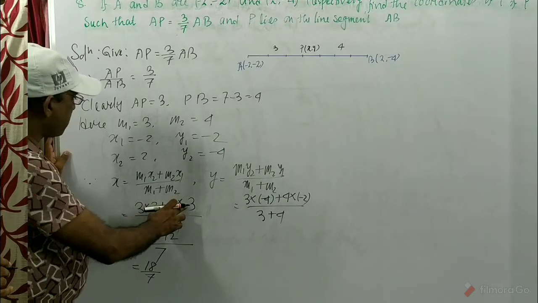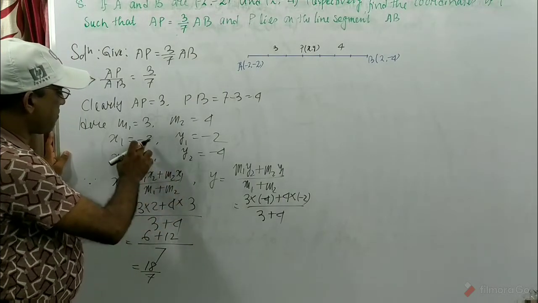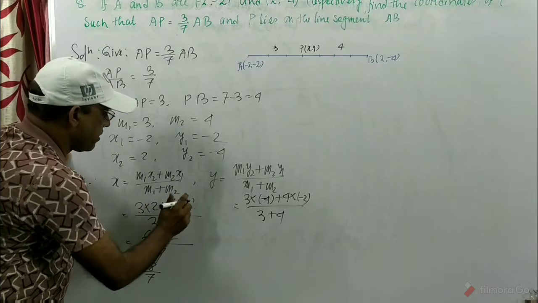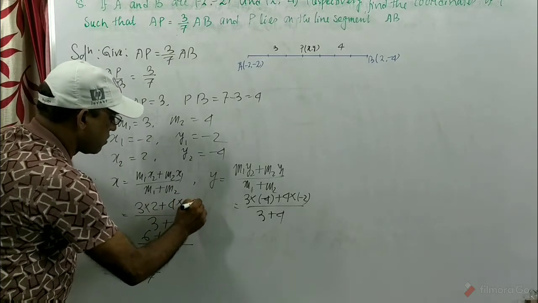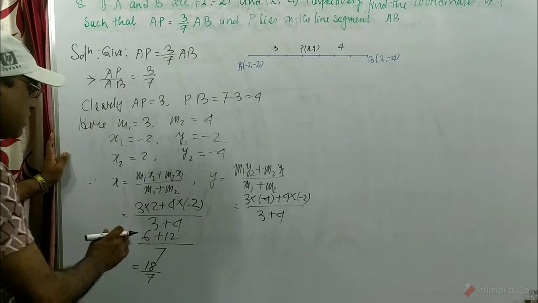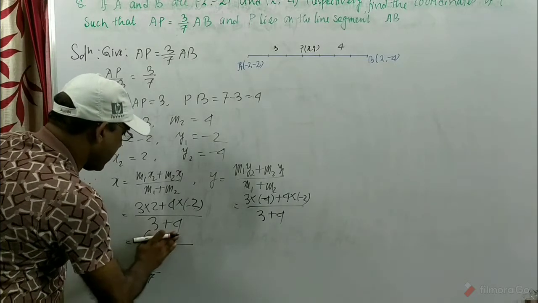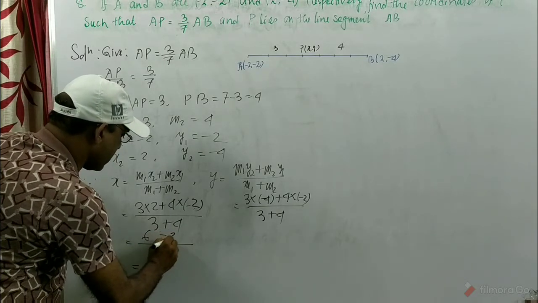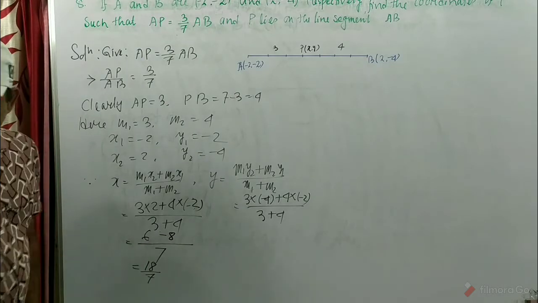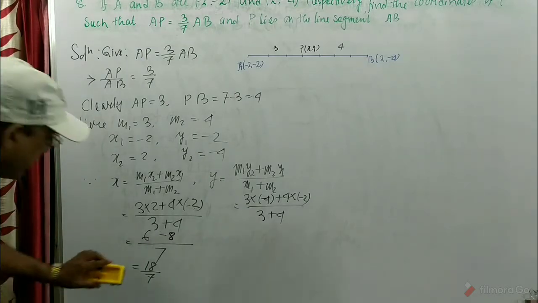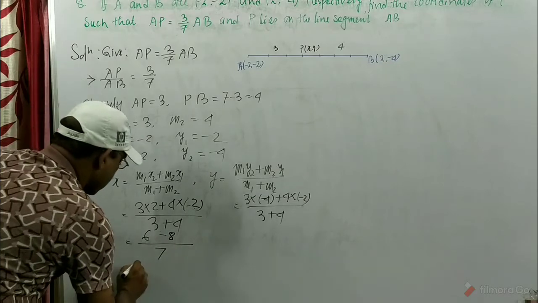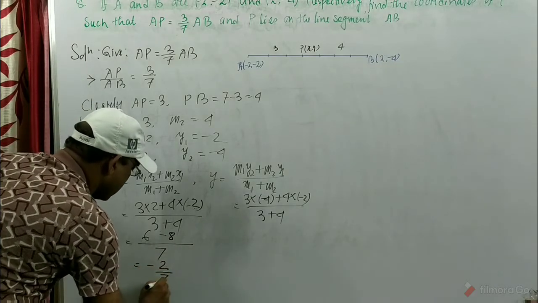So here one simple mistake, this is X1 is minus 2. So this will be minus 2 and this is minus 2 means minus 8. We get minus 8. So this will be 2 minus 8 is minus 2 by 7.